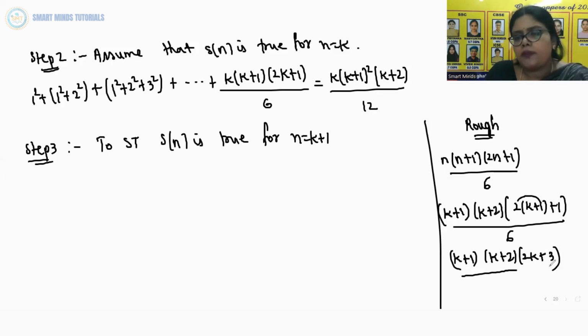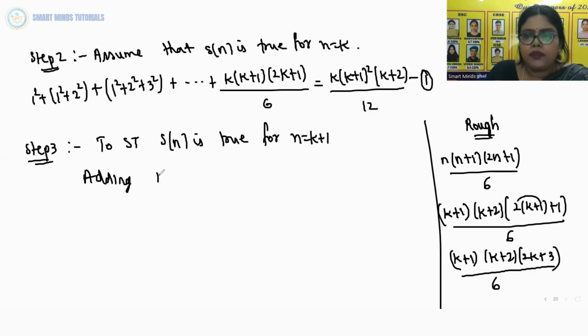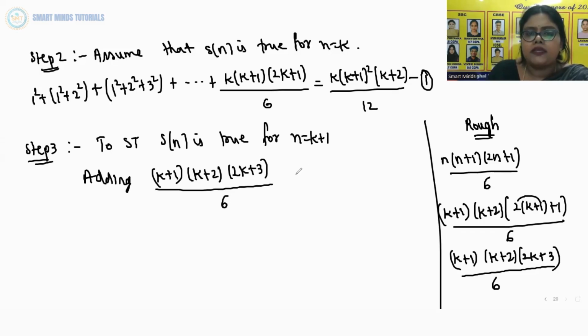So we got 2k plus 3 by 6. So this is the term with which we need to add now. So adding, let us take the step 2 as equation number 1. So adding k plus 1 into k plus 2 into 2k plus 3 by 6 on both sides of equation number 1.